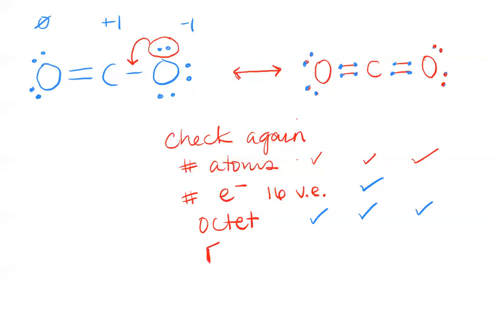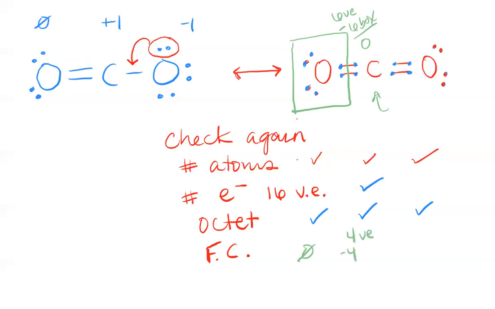Okay, last thing to check is the formal charges. Okay, so formal charge, draw your box, right? 6 valence electrons minus 6 box electrons gives me 0. So first formal charge is 0. Carbon, we've got 4 valence minus 4 box gives me 0.